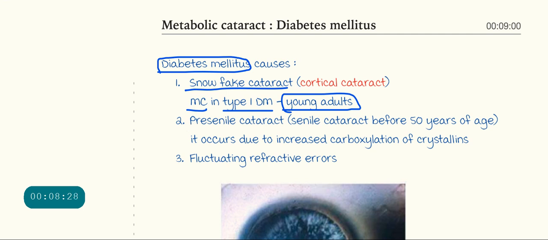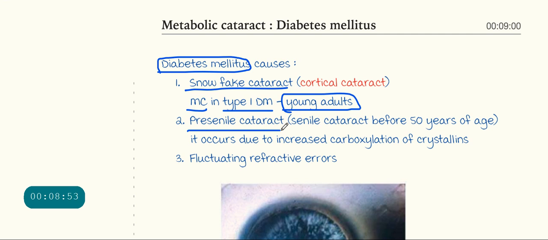Now the next cause of diabetes mellitus leading to cataract is pre-senile cataract. So diabetes mellitus can cause snowflake cataract, or it could cause pre-senile cataract also. The word senile itself tells you about something related to age.